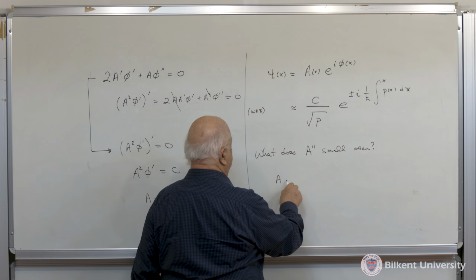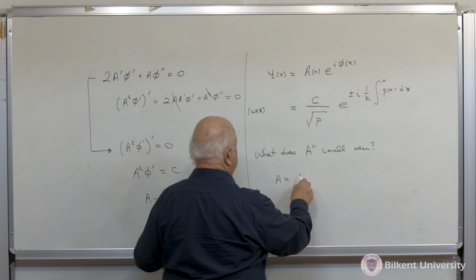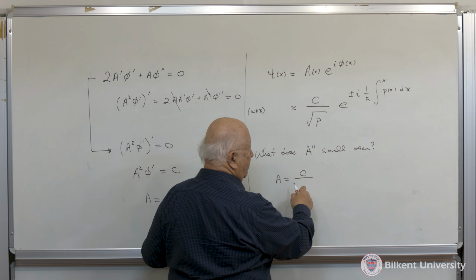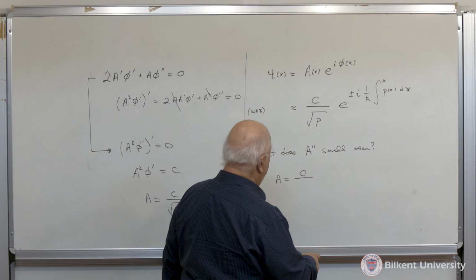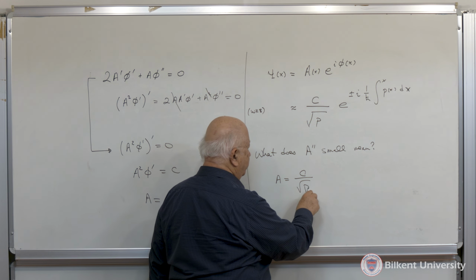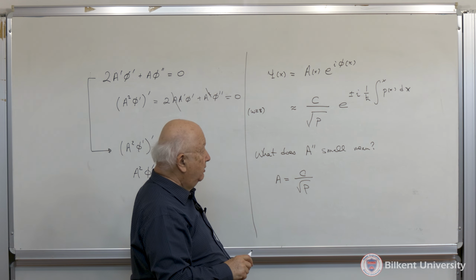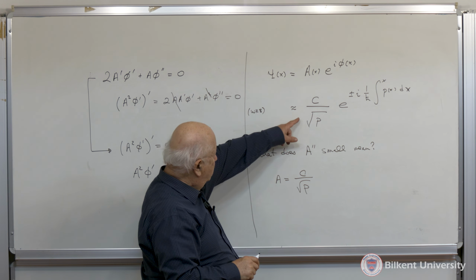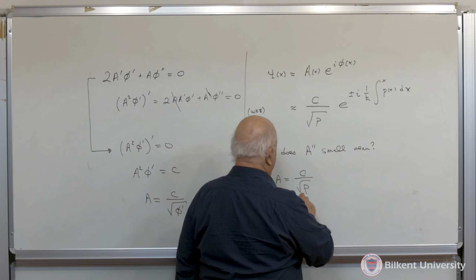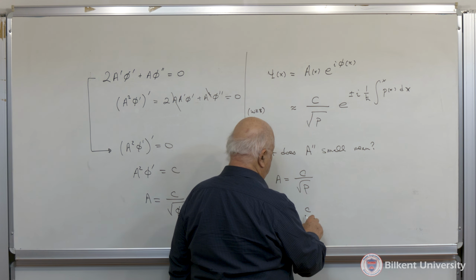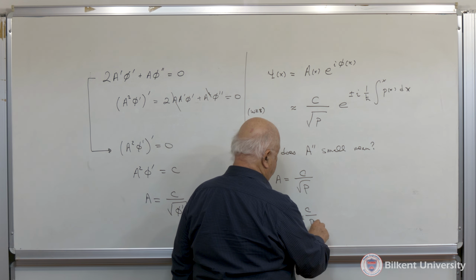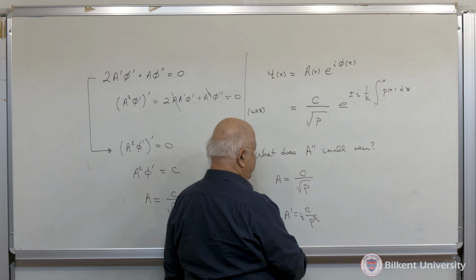I have this A equal to C over square root of phi prime, so it's going to be something like square root of P. So A prime is going to be minus 1/2 C P to the 3/2.